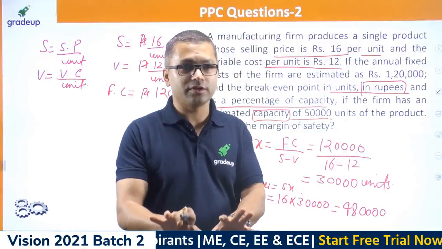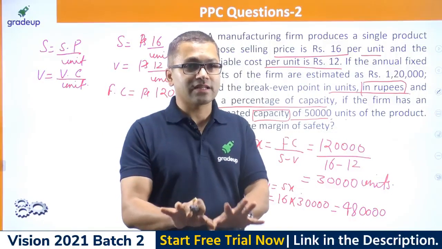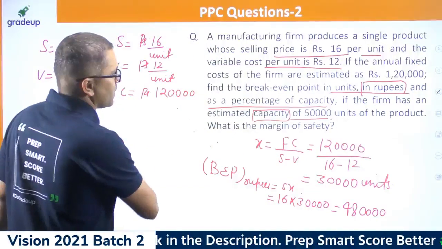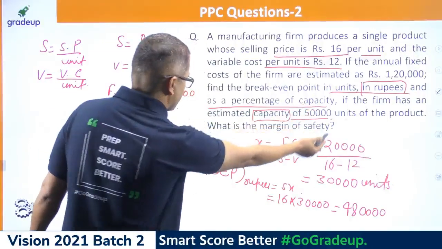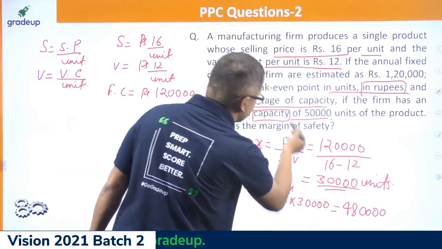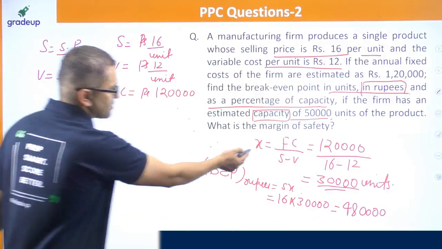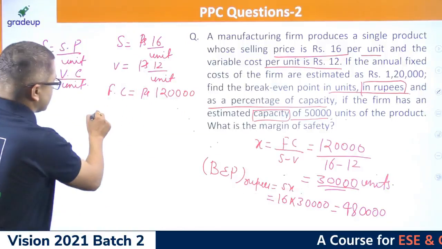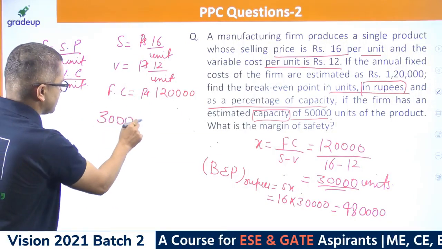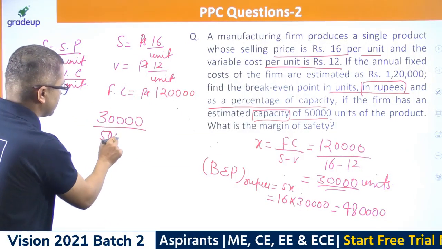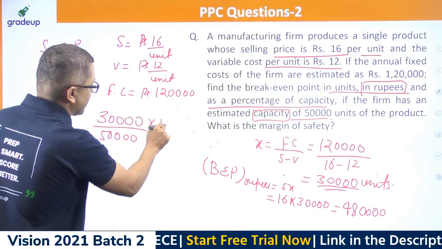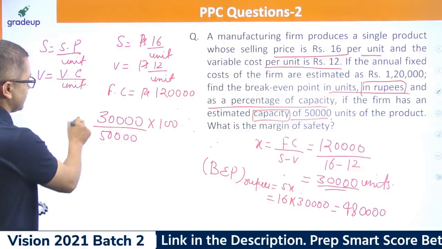Made means produced. Now, percentage of capacity means you need to find the break-even point as a percentage of capacity. That is nothing but 30,000 upon 50,000 into 100. That is the percentage of capacity, right?